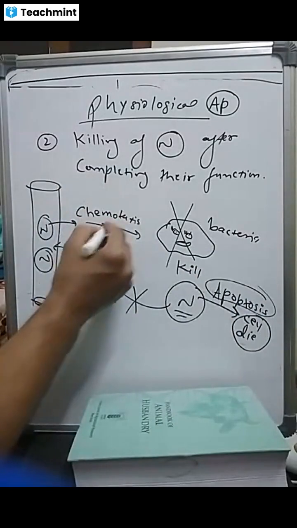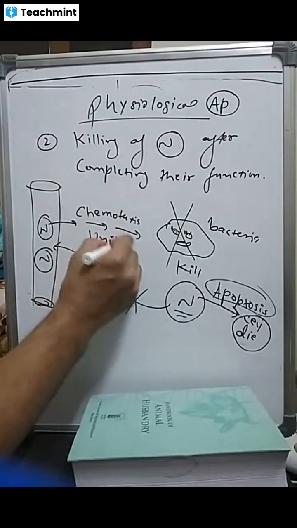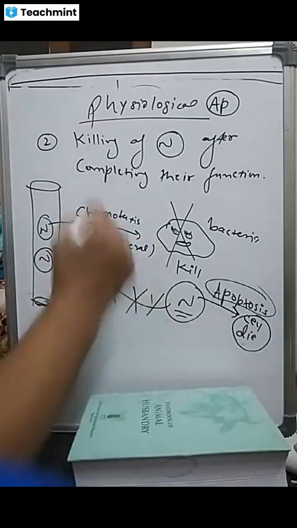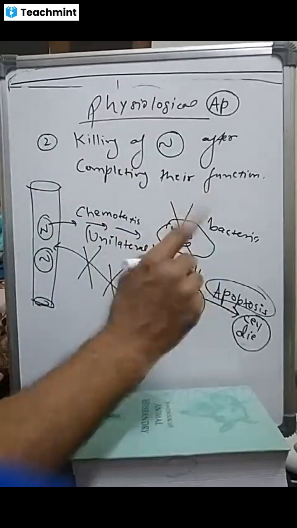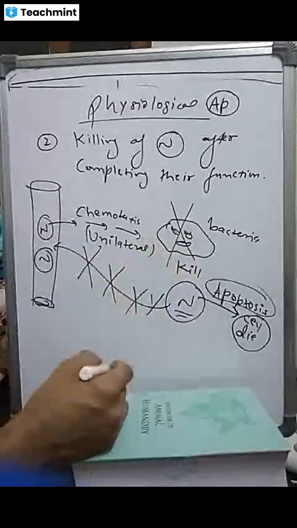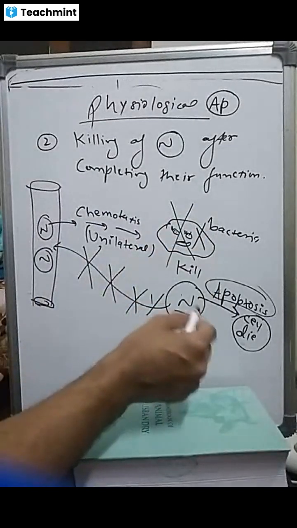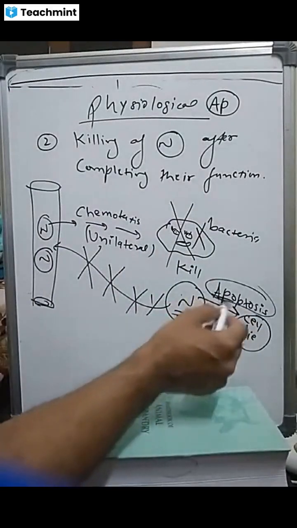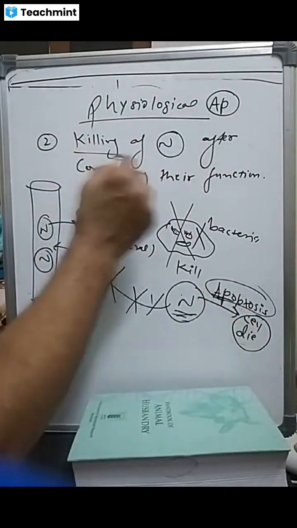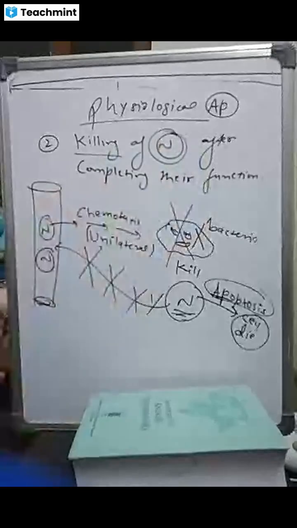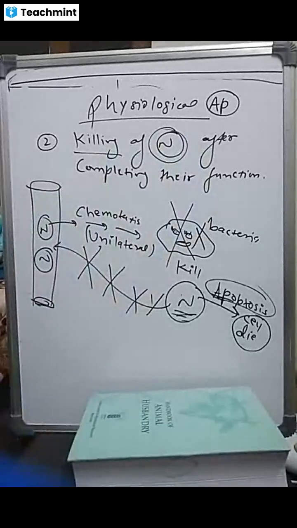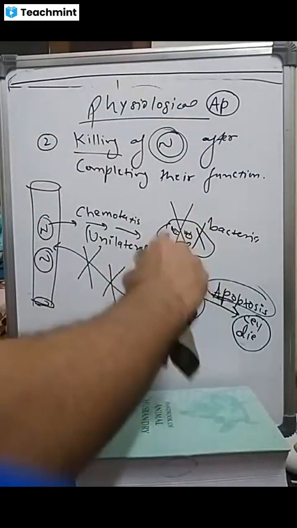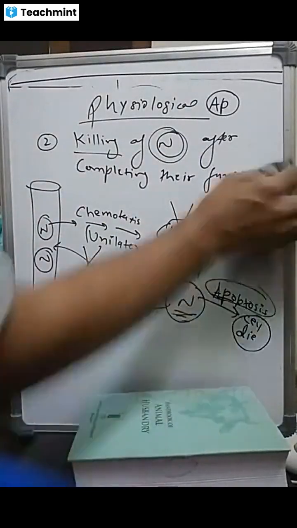So chemotaxis is always unilateral. It is never bilateral. They kill and after that they also die, by apoptosis. So this is killing of the neutrophils once their role is completed after the phagocytosis.